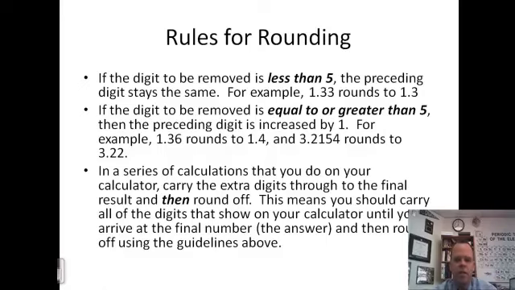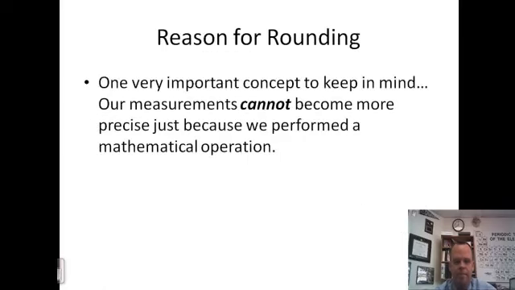So if you're doing multiplication and division and then you need to do addition, round when you're done with the multiplication and division, then round after the addition or subtraction, or vice versa. But if it's all multiplication and division, or all addition and subtraction, do the entire problem and then round at the end. The reason we're doing all of this is we cannot become more precise in any of our calculations by just doing the calculation. The precision of our data is determined by the recorded values that we took in the lab or that were given in a problem.